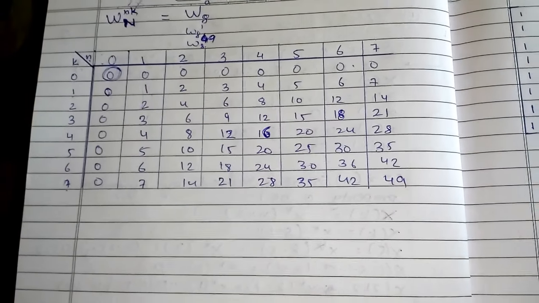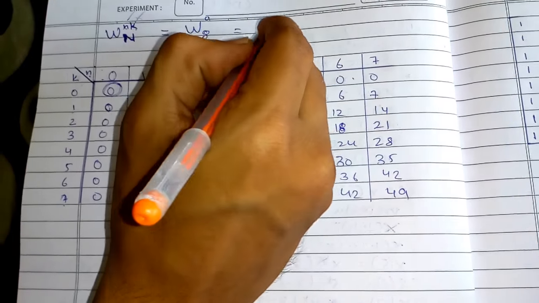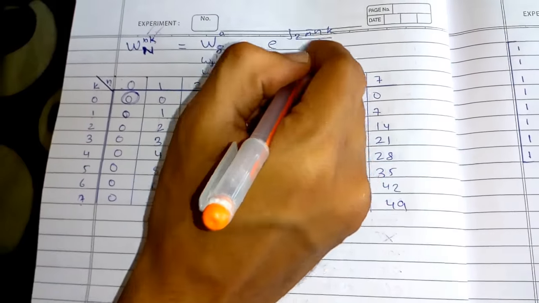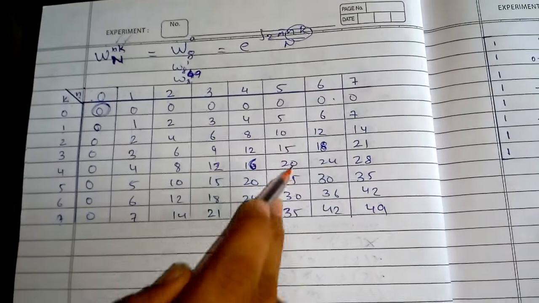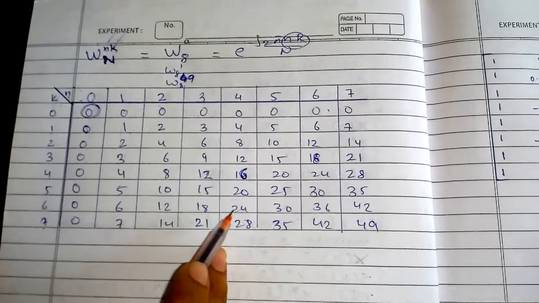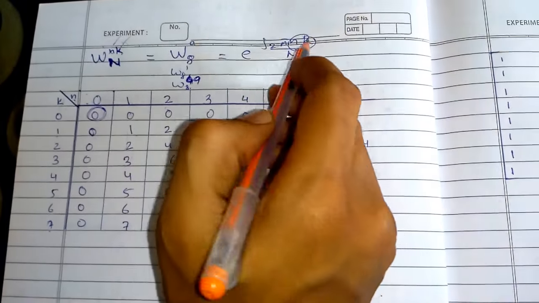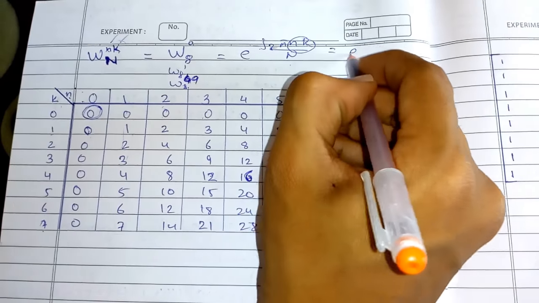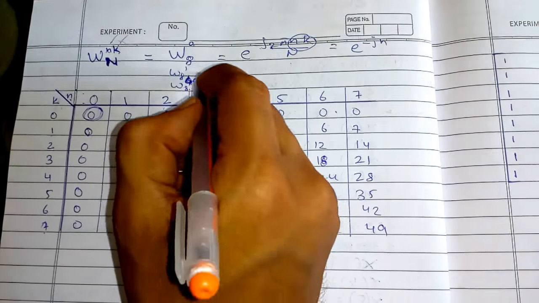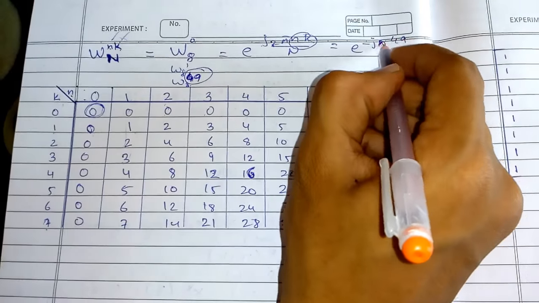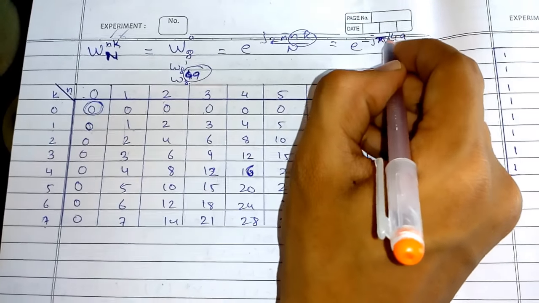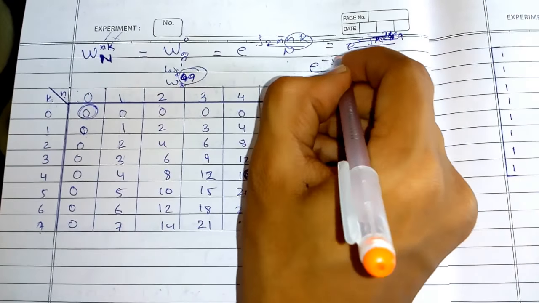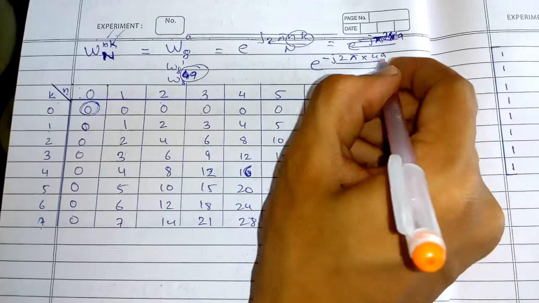We have to calculate these values, and you all know the formula, that is e raised to minus j 2 pi nk by N. nk we already found out from this graph, and what you will need to do is, let's say we are calculating for 49, e raised to minus j 2 pi into 49 divided by 8.